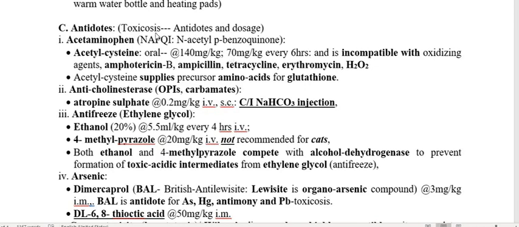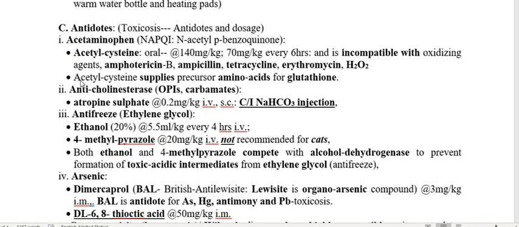Usually N-acetylcysteine is not given along with oxidizing agents, amphotericin B, ampicillin, tetracycline, erythromycin, or H2O2, because with all the agents I have mentioned, N-acetylcysteine is incompatible, meaning it is not good to use along with them, and therefore we do not give it along with these agents.